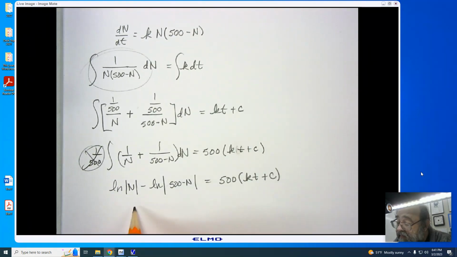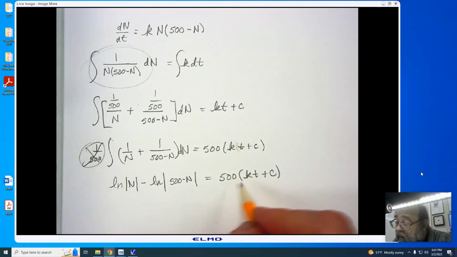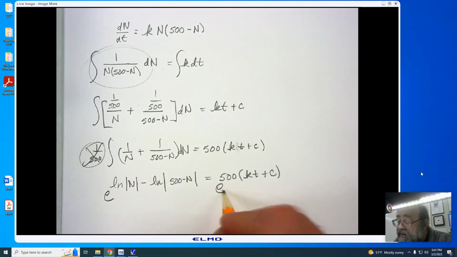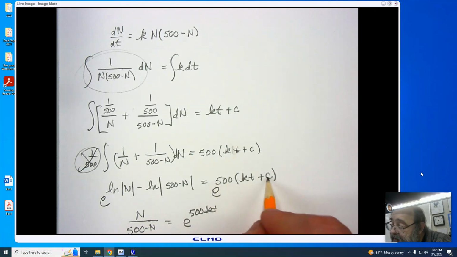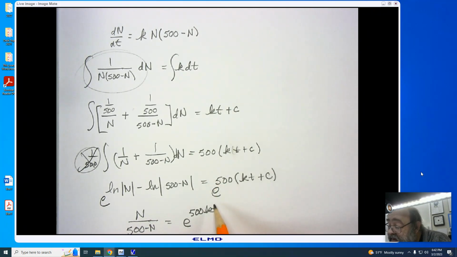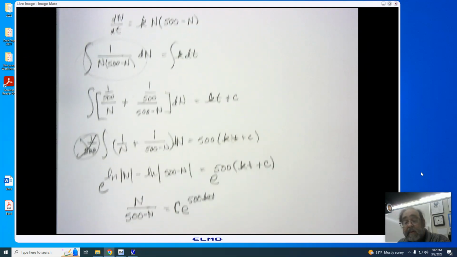Now, this is going to give me an exponentiation process. So I'm going to exponentiate. Now, if you wish, you can go ahead and combine these. You should end up with n divided by 500 minus n is equal to e to the 500 kt, and I have my 500 times c, which is just e to the c, which is simply another constant.